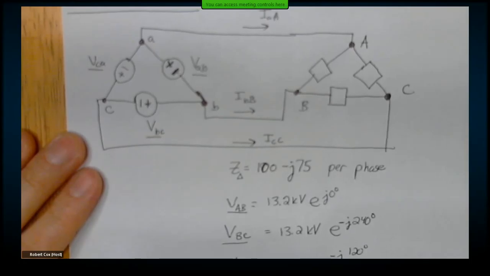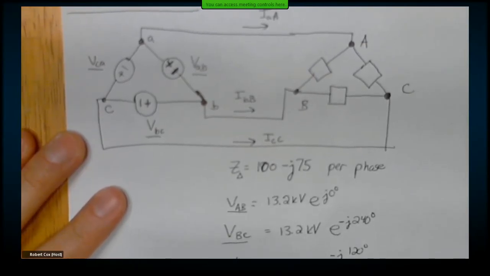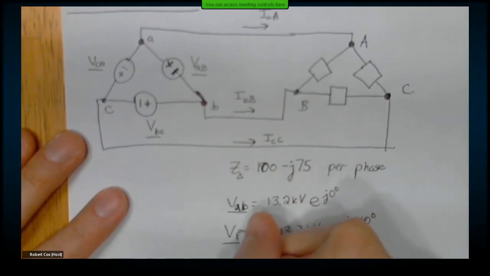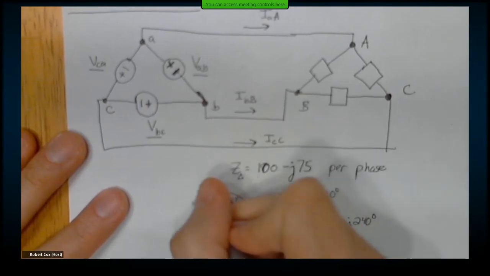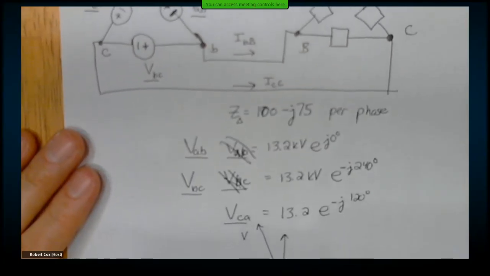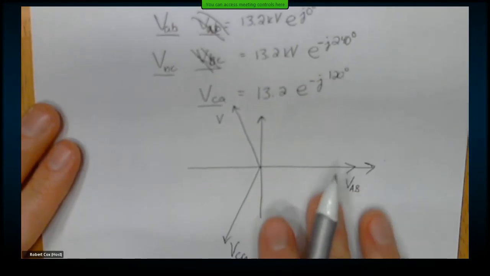Let me be careful. These are little a, little b, little c. Here are VAB, VBC, and VCA, and I'm trying to sketch them down here.